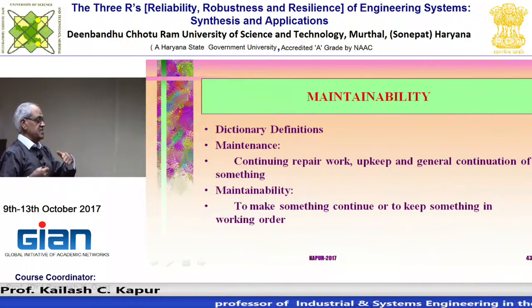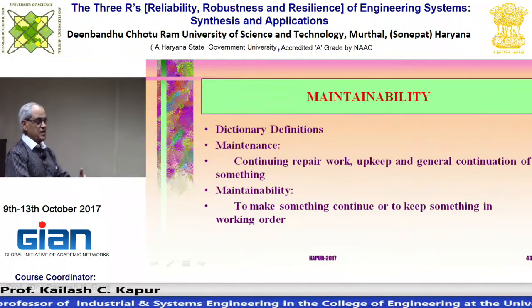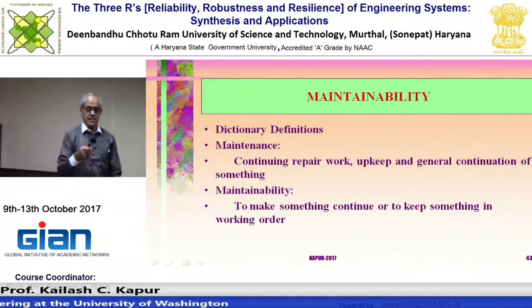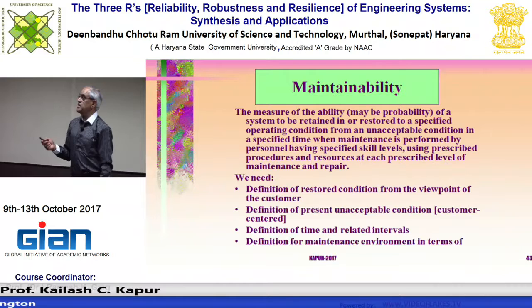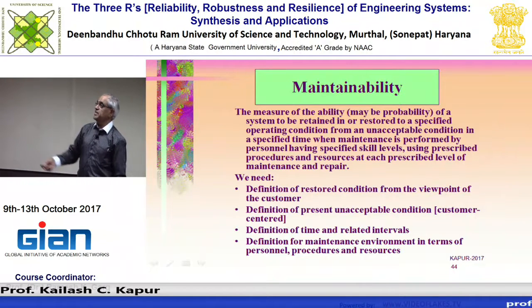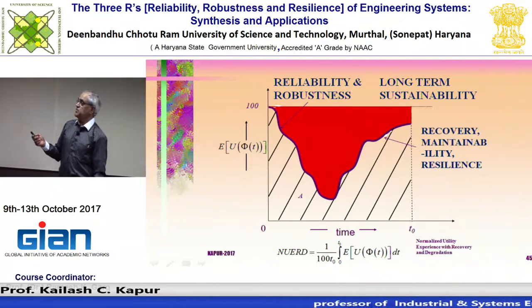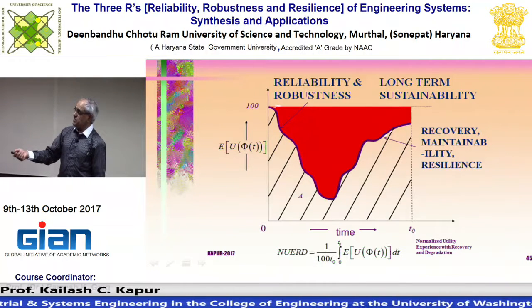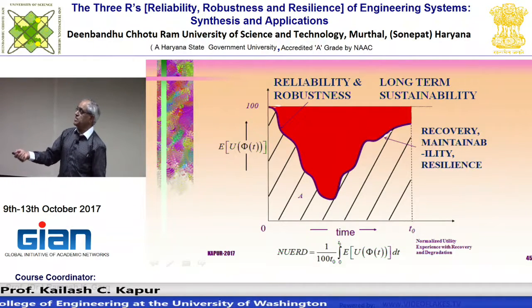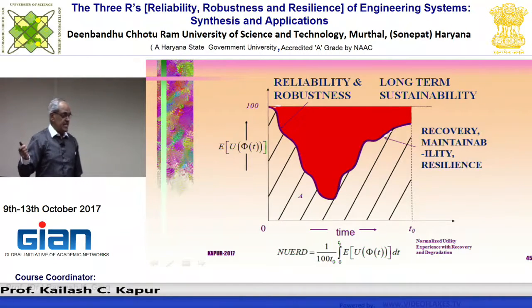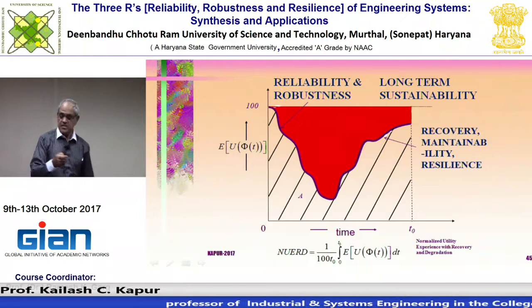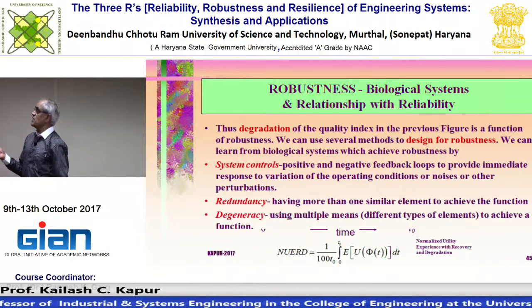Repairability is part of maintainability, and so on. They all impact the resilience of a system. So you could define the word maintainability. Then we talked this morning about how this deals with reliability and robustness, and this deals with resilience, or long-term sustainability of the system.